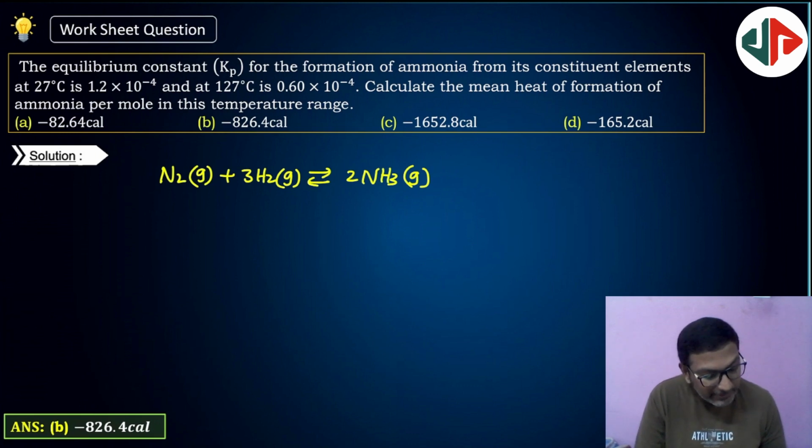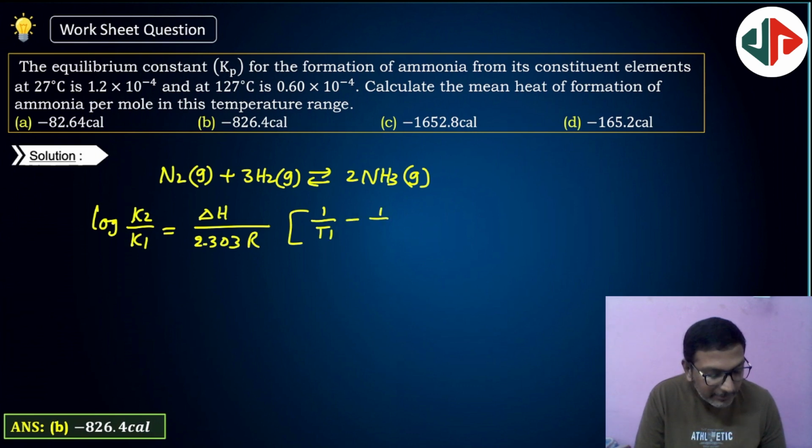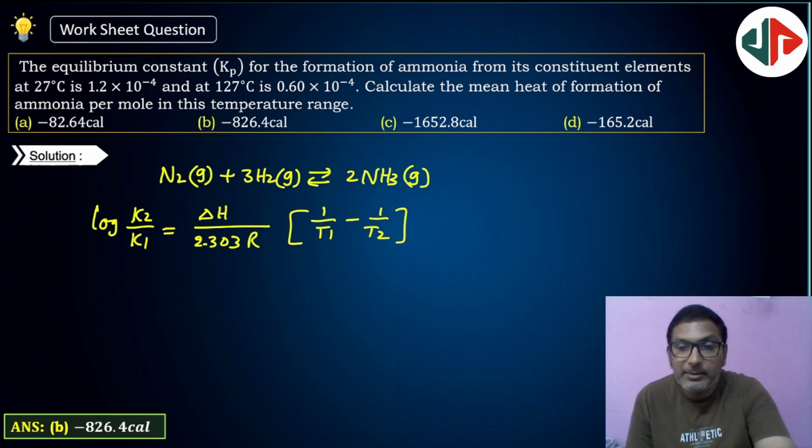So from this we can calculate: log K2 by K1 equal to delta H by 2.303 R into 1 by T1 minus 1 by T2. So substitute the values.